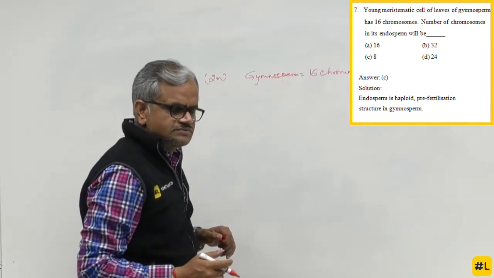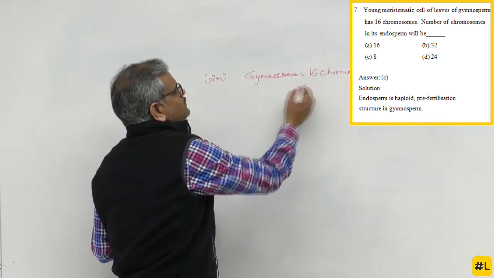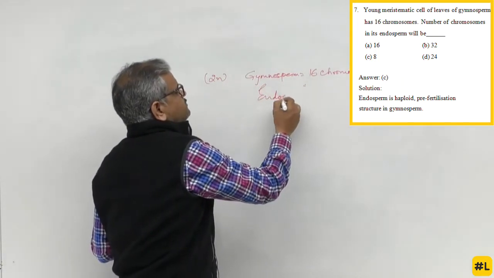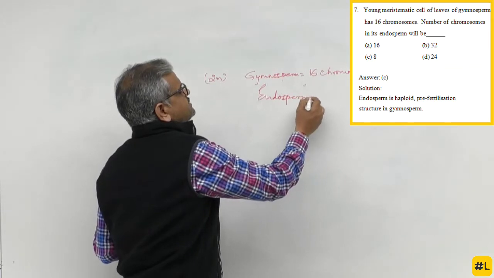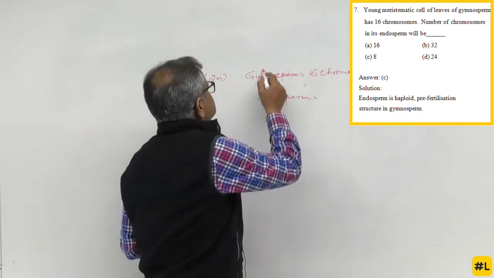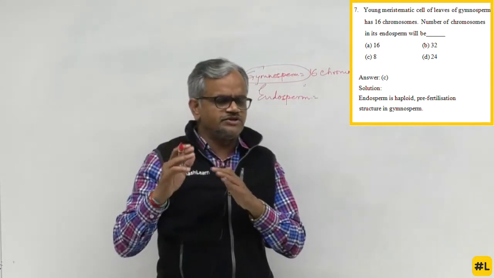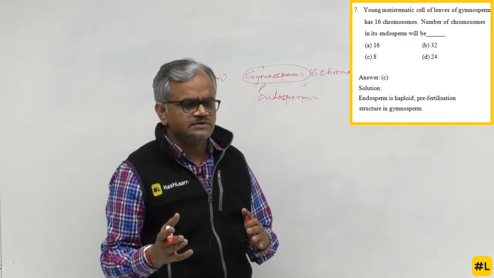The question comes, what is the number of chromosomes in its endosperm? This was the question of yesterday's CPP. And do remember, we are talking about gymnosperms. And if you are not able to understand, the question is displayed onto your screens.